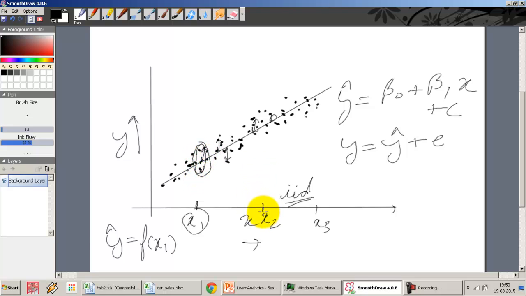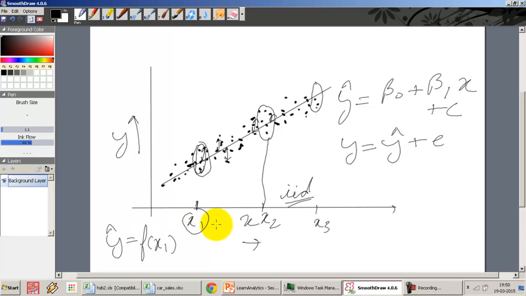Again, if I look at x2, I get a range of values for y when I'm holding x2 constant. And if I look at x3, I get a range of values for y if I hold x3 constant. So what IID essentially tells me is that it doesn't matter what the values of x are. It can range from x1 to x2 to x3 till xn.